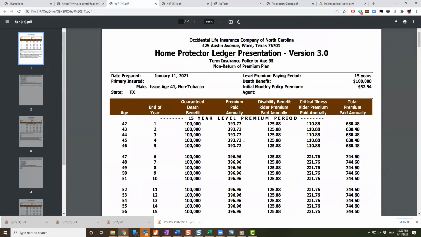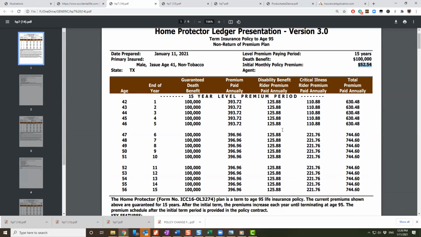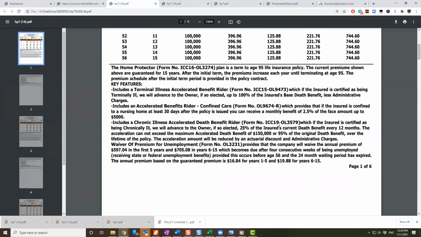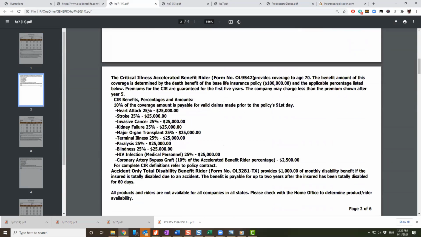Or would you rather say, I'm going to give you 100,000 for $52.54, but not only will we include the terminal illness, the confined care, and the chronic illness, we're going to cover you for 10 different critical illnesses, which include heart attack, stroke, cancer, kidney failure, organ transplant, terminal illness, paralysis, blindness, HIV infection, coronary artery bypass.